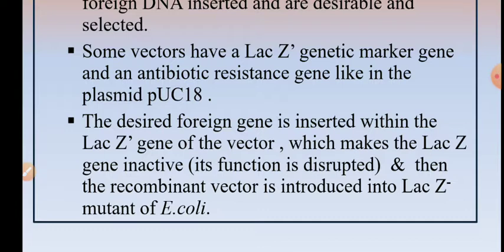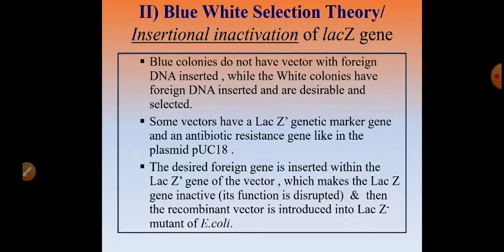So the desired foreign gene is inserted within the lacZ gene of the vector, which will inactivate the lacZ gene. Its function is disrupted, and then the recombinant vector is introduced into lacZ mutant of E. coli, that means E. coli which is deficient in lacZ gene. lacZ minus E. coli cells are selected.